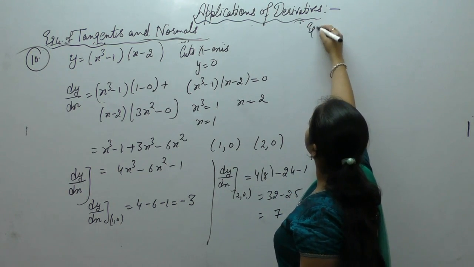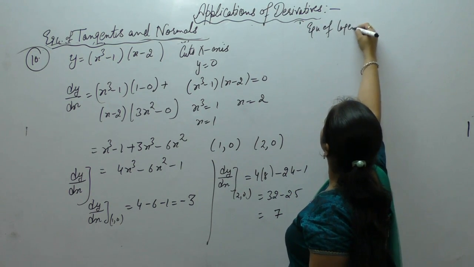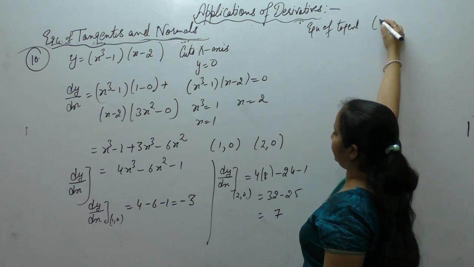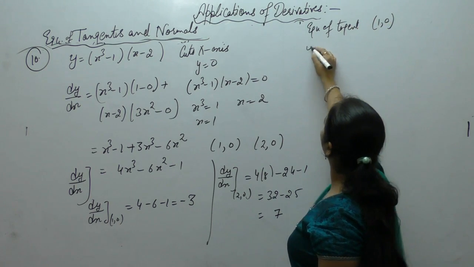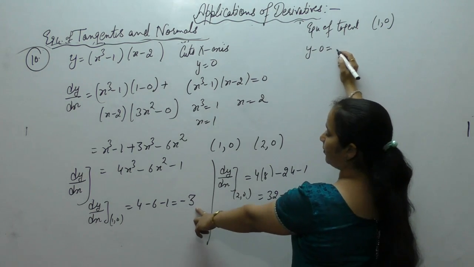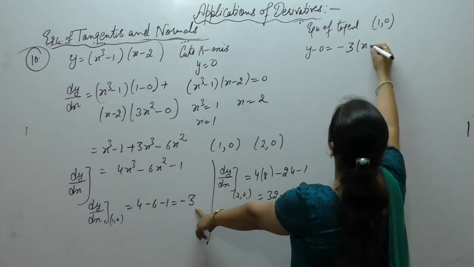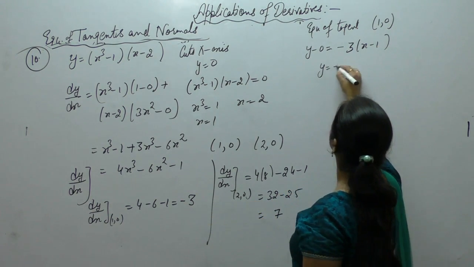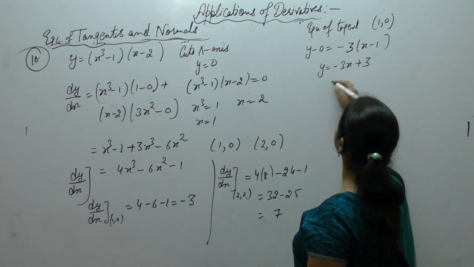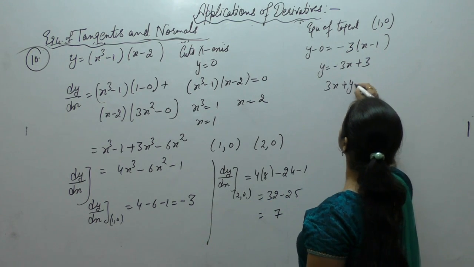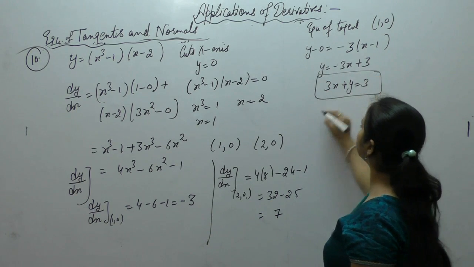Now equation of tangent when it passes through point 1, 0: y minus y naught, then slope of tangent is minus 3, x minus 1. Minus 3x minus minus plus 3. 3x plus y is equal to 3.